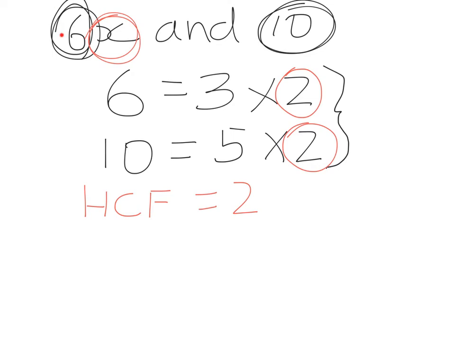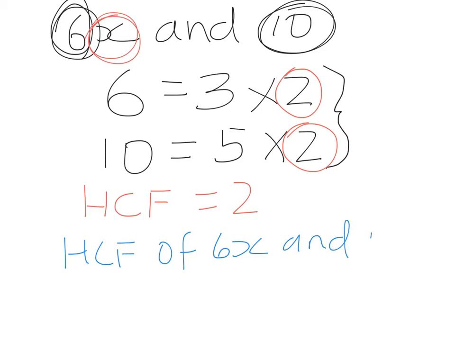There's no x with the 10. So we can therefore say that the highest common factor of 6x and 10 is 2. And that is all there is to it, really.